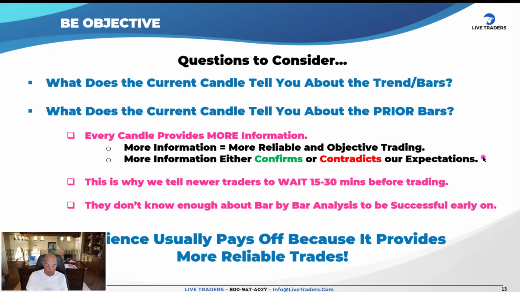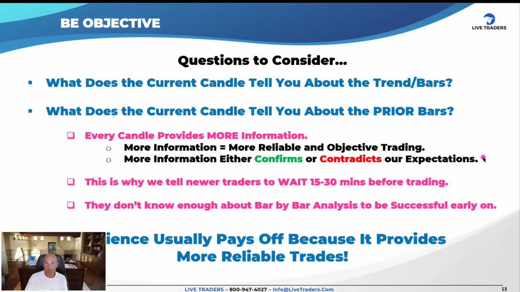Because when you think about a breakout or a 3-bar play, the entry bar is either going to pop and do very well, confirming, or it's going to pull back or go sideways, both of which contradict our expectation. Our expectation is that buyers are going to come into this thing once it breaks resistance.